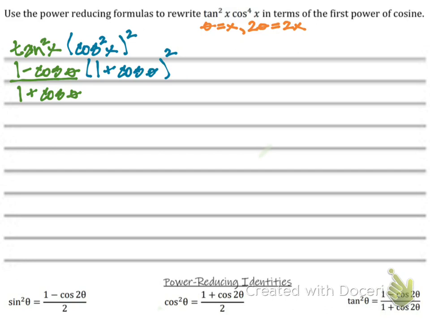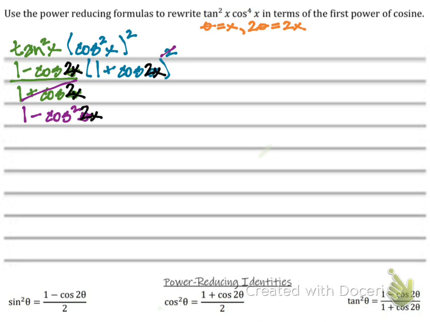Because it'll cancel, right? These guys cancel out. So now I have 1 minus cosine times 1 plus cosine, which is a difference of squares, right? So it's a minus b times a plus b, which is going to give me 1 minus cosine squared theta. Oh, 2 theta. Hate it when I do that. These are all 2x's, right? I even said it. Just didn't write it.